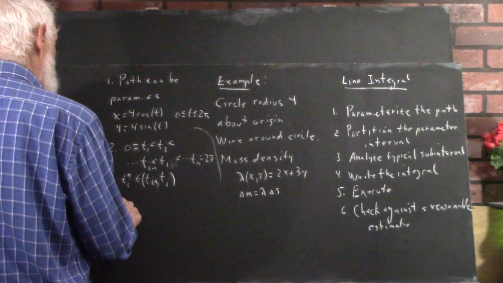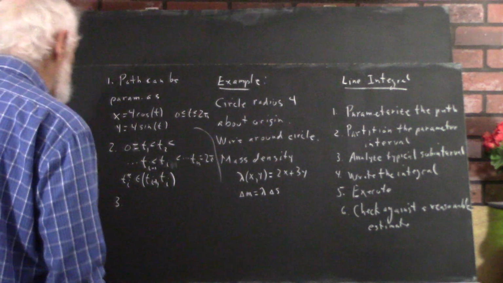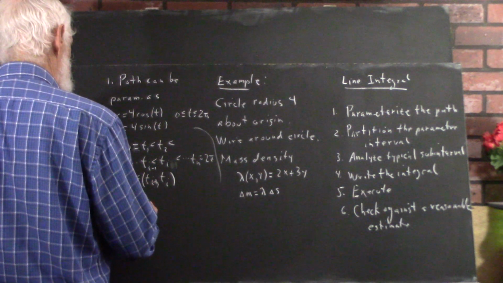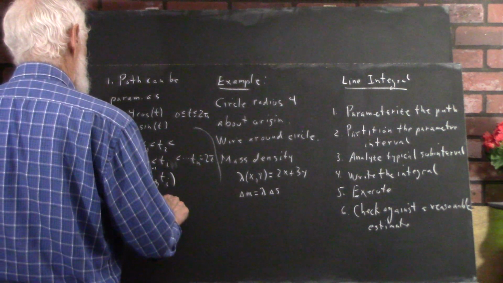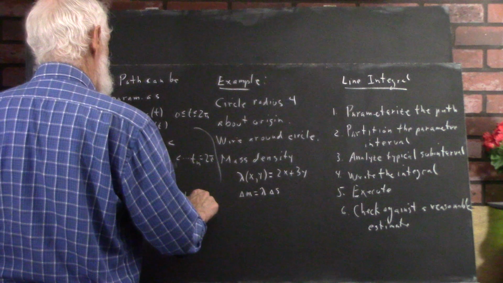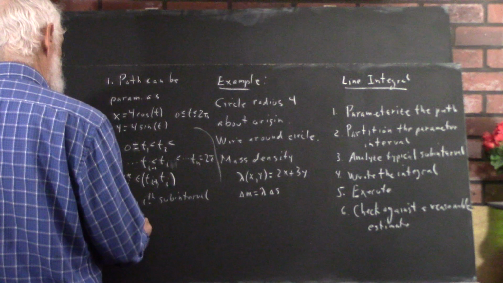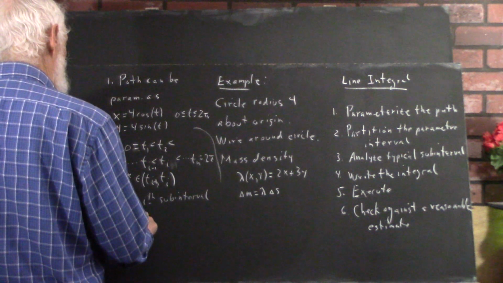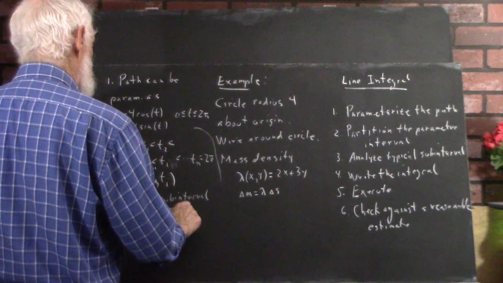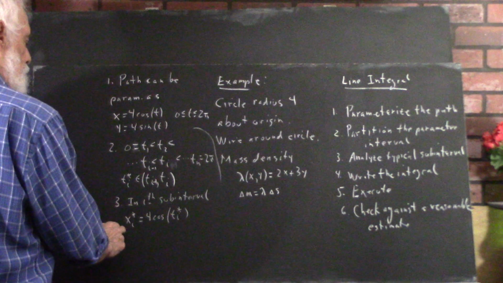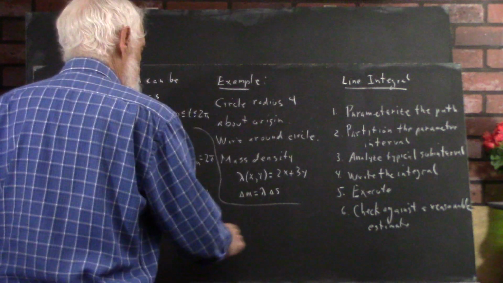So 3, we analyze what happens in a given subinterval. Okay, well, in the ith subinterval, x sub i star would be 4 times the cosine of t sub i star. That'd be the x value of your sample point on the circle. Okay, so we could maybe sketch a circle here.